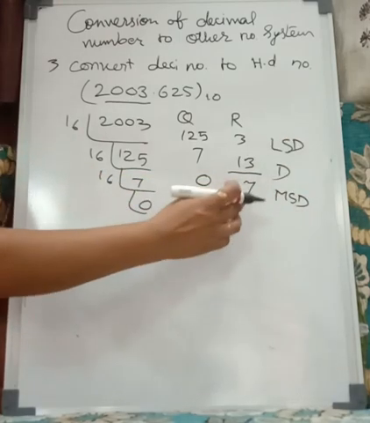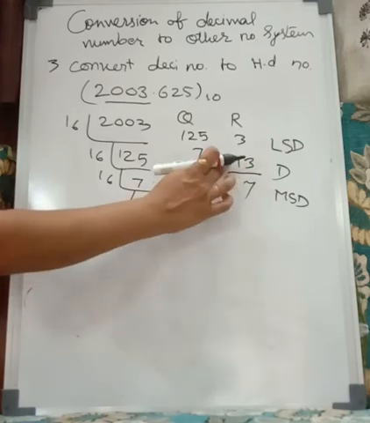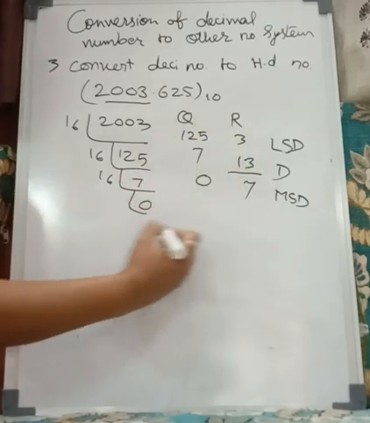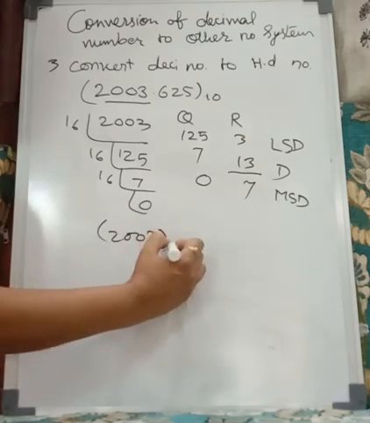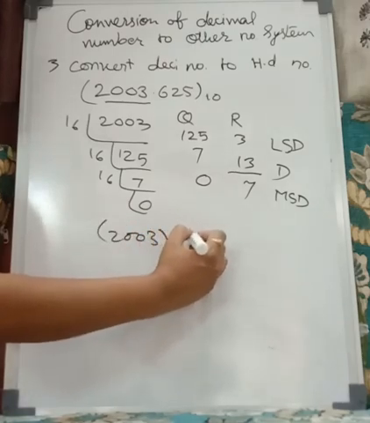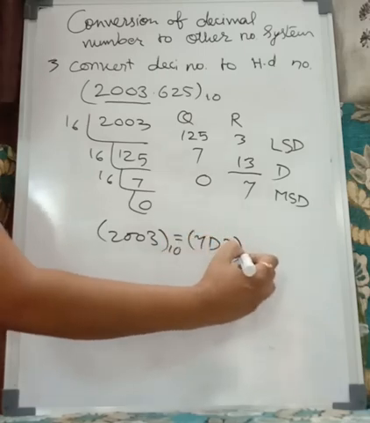So this number will be 7D3. So 2003 decimal will be written as 7D3 hexadecimal.